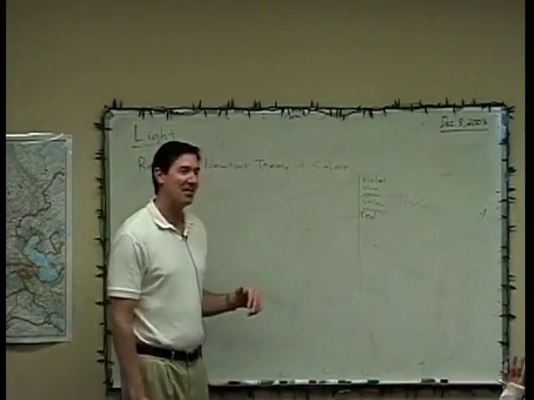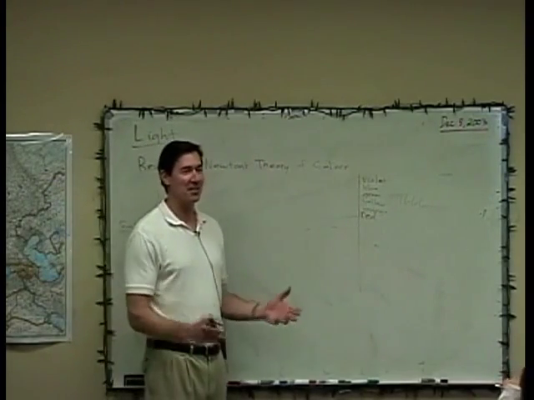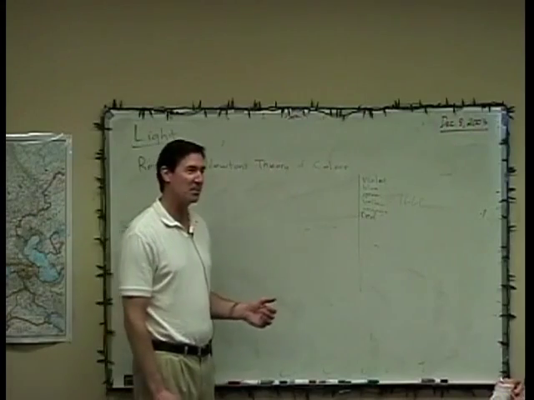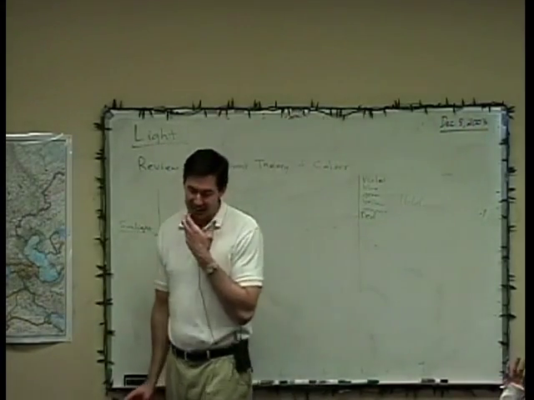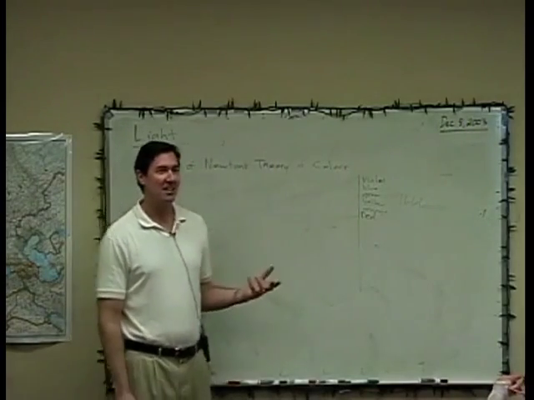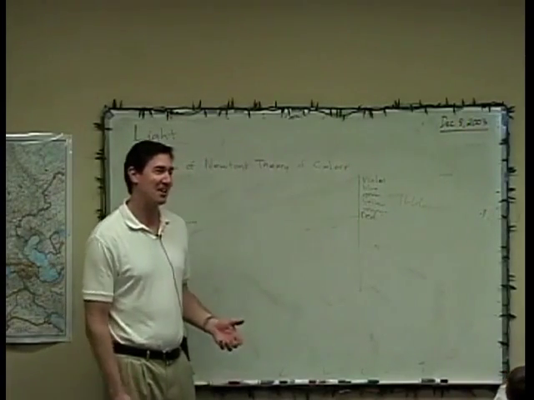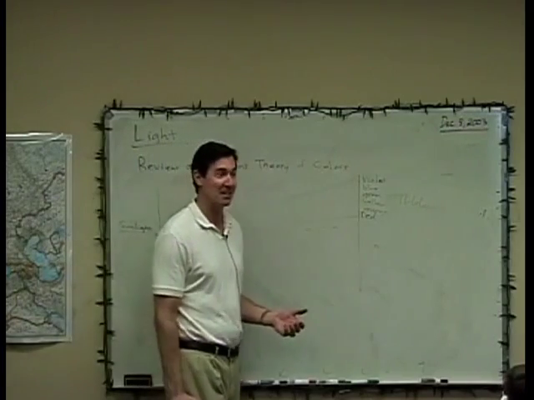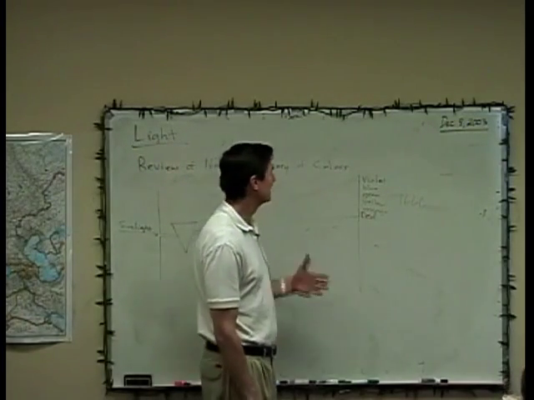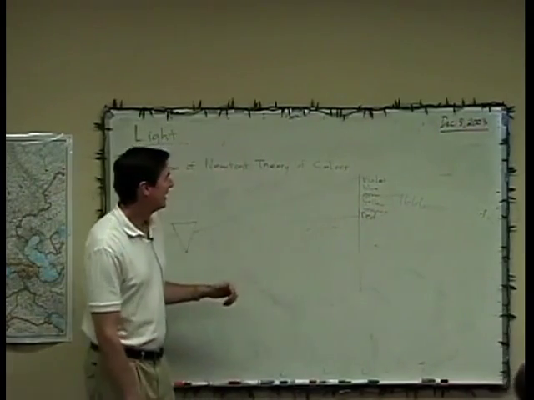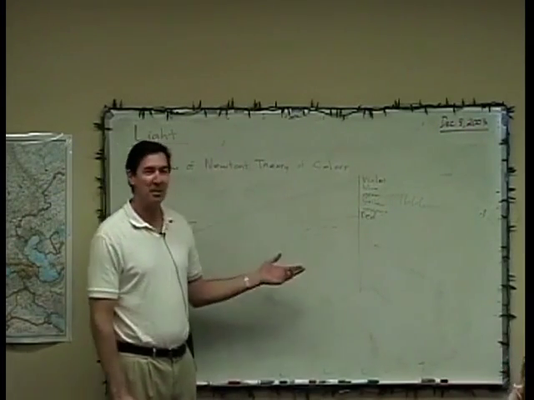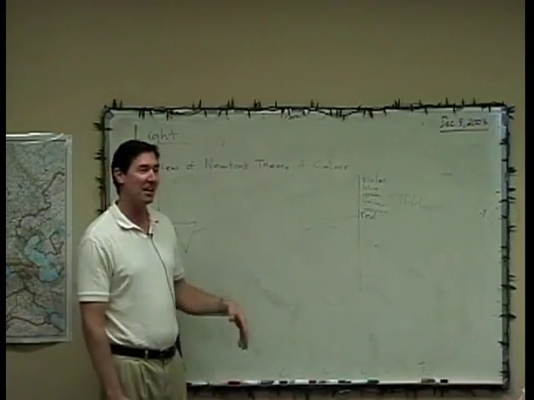Hooke considered himself the great expert on light in all the world, and so he didn't like this young kid telling him that he knew more about light than the great Hooke. So Newton got all kinds of opposition, and he got pretty mad at Hooke, and he just decided, to heck with it.